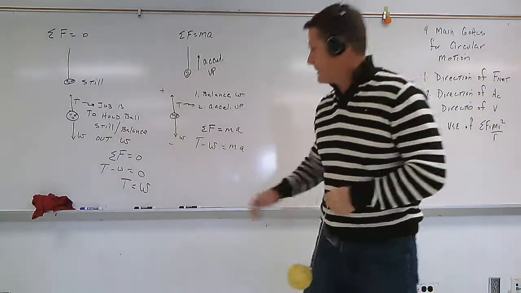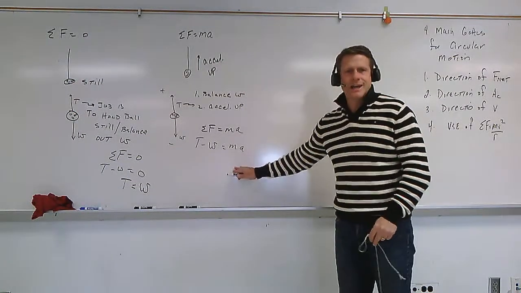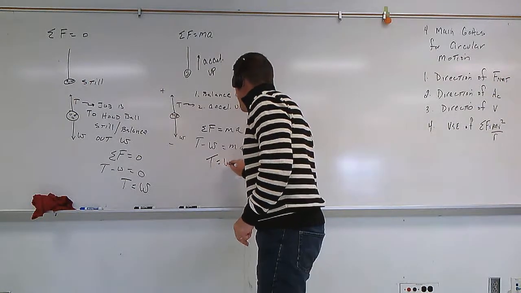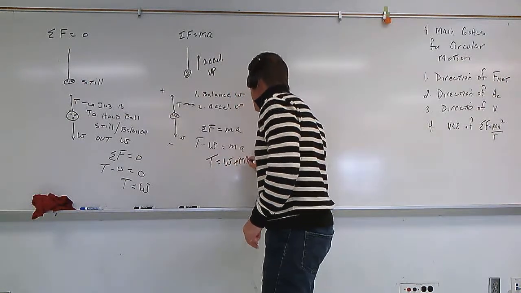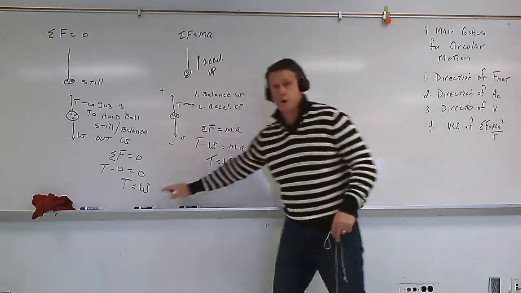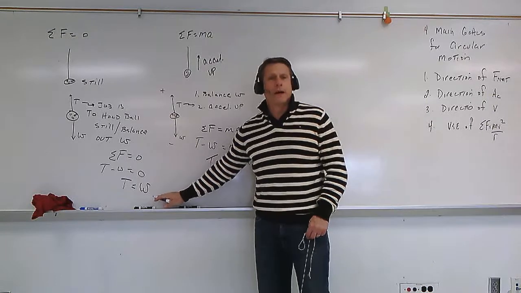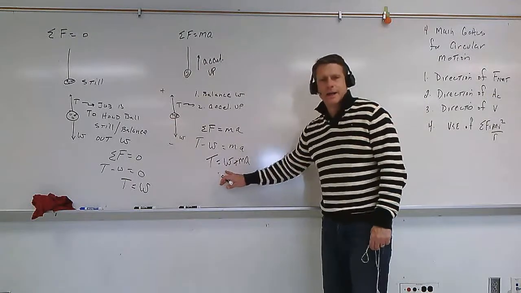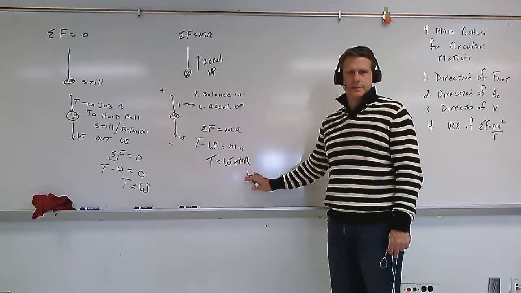So over here, we've got T equals W. Well, what does T equal over here? If I keep this math going, T equals W plus m a. T's got two jobs over here. It's got one job over here. Over here, it balances out the weight. Over here, it balances out the weight and accelerates the object.